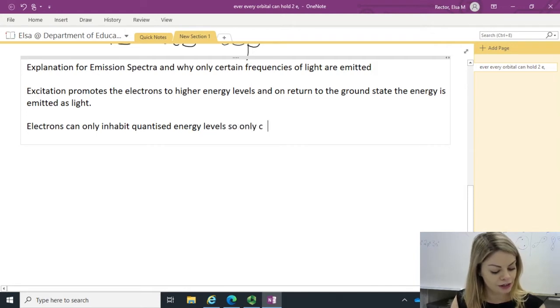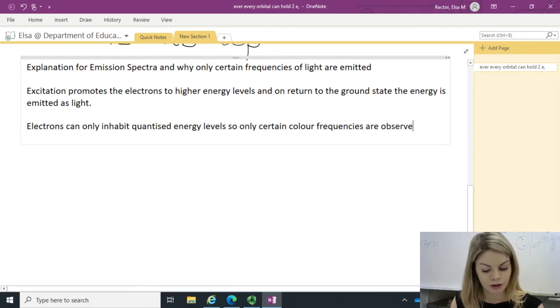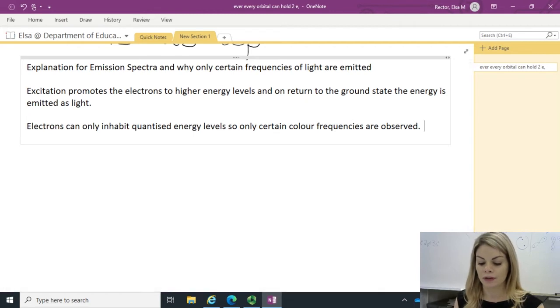So only certain color frequencies, not wavelengths, are observed. Okay? Quantized energy levels means a certain number of energy levels, a limited amount, not infinite.